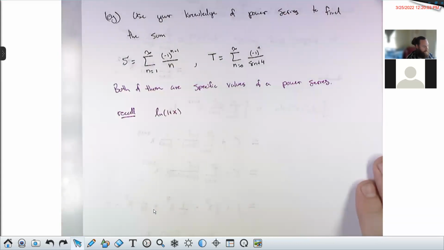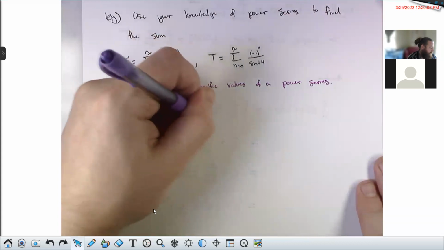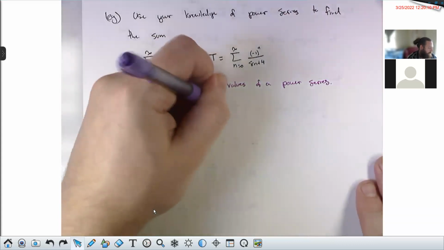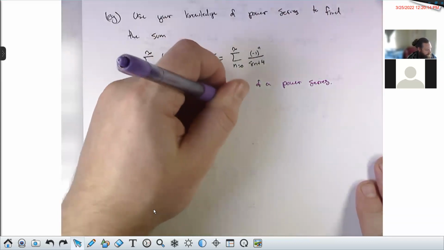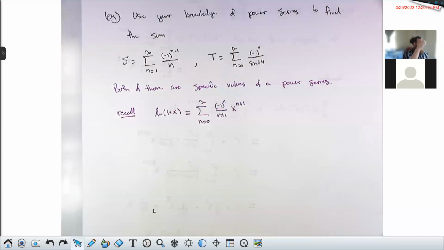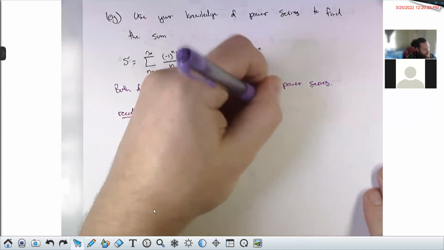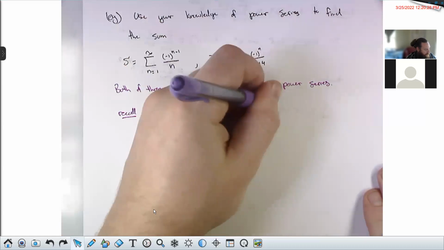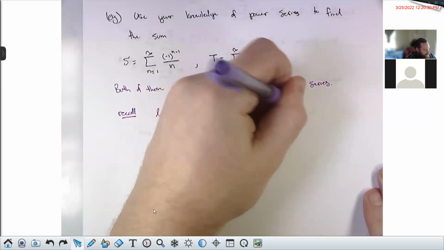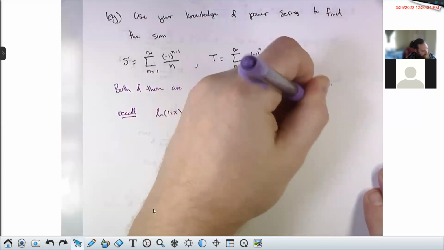The natural log of 1 plus x, remember, has series sigma n from 0 to infinity, -1 to the n over n plus 1 times x to the n plus 1. Which I can index shift into the series sigma n from 1 to infinity, -1 to the n minus 1 over n times x to the n.